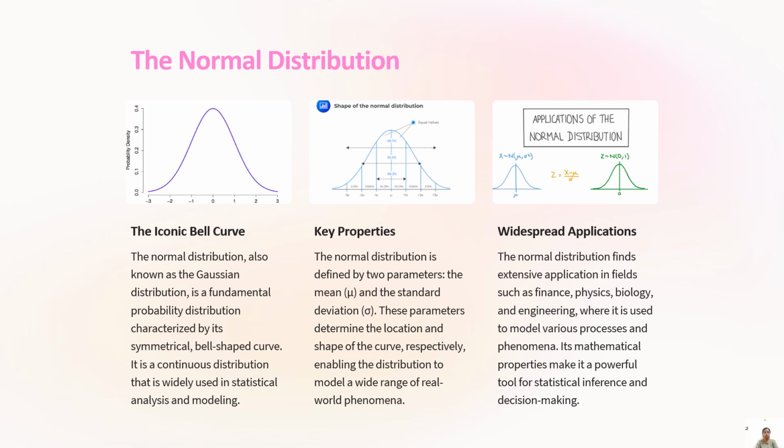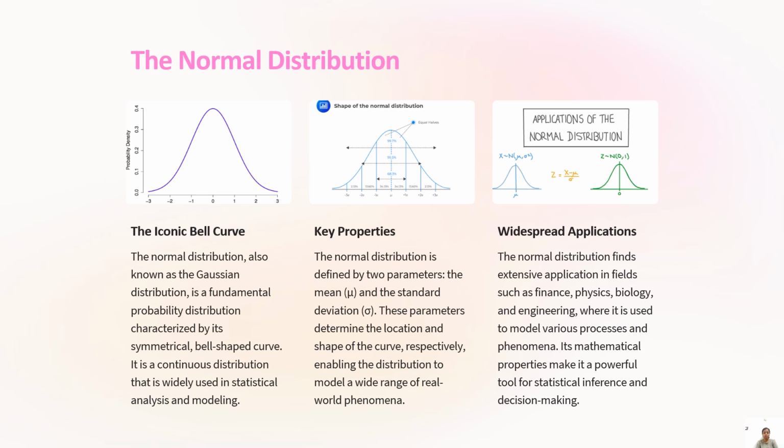Normal distribution has the iconic bell curve. The normal distribution, also known as the Gaussian distribution, is a fundamental probability distribution characterized by its symmetrical bell-shaped curve. It is a continuous distribution that is widely used in statistical analysis and modeling.